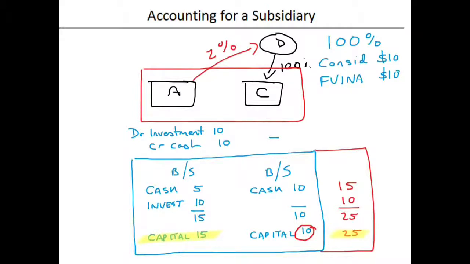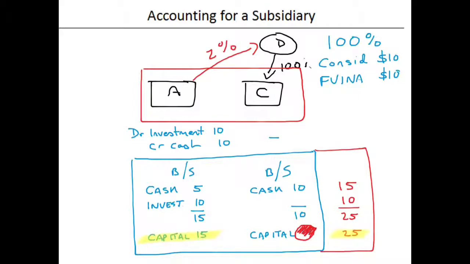There is not $25 million of external equity holders. So this is actually overstated by this capital amount here. So in essence, we almost need to get rid of that.